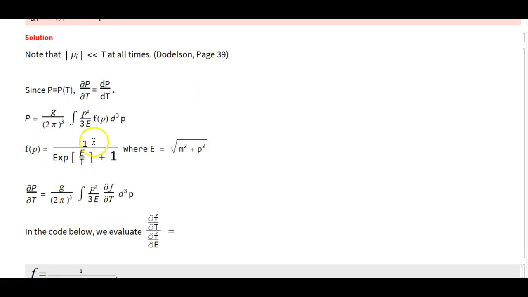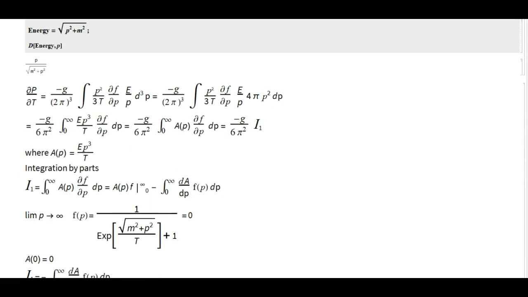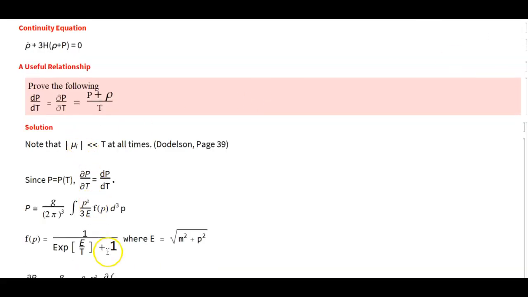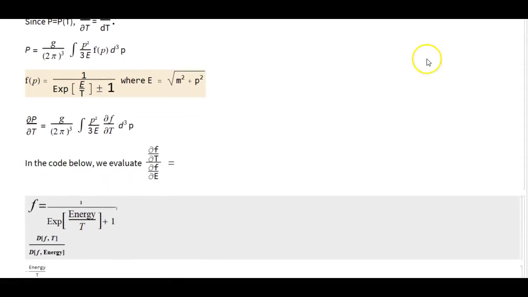By the way, the expression for F is this, and you should have a plus-minus sign here, and E is equal to the square root of m squared plus p squared. The partial derivative of P with respect to temperature now becomes: I will leave F as it is, and take the partial derivative of capital P with respect to temperature.